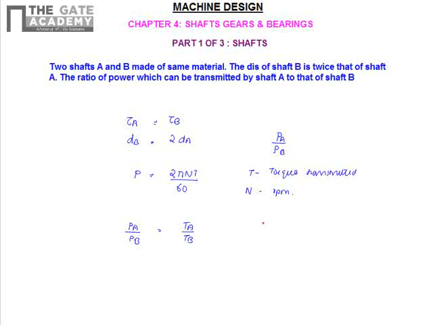So, what is tau A? Tau A is equal to 16 TA by pi d cube, or we can write TA is equal to tau A pi dA cube divided by 16.